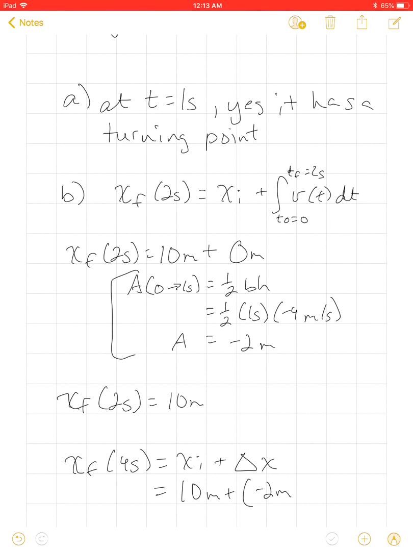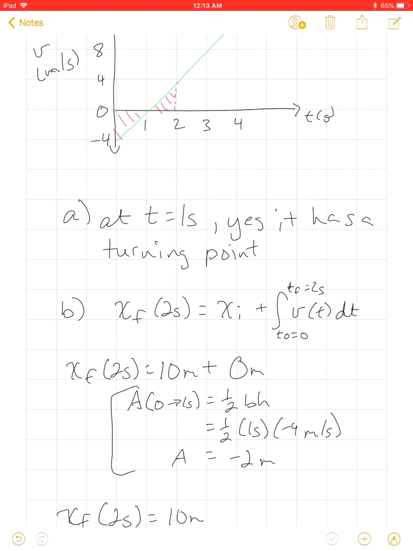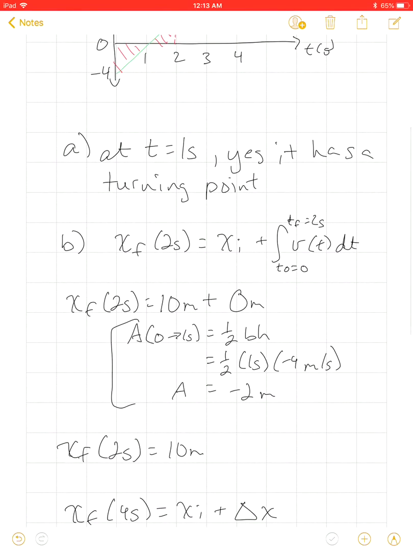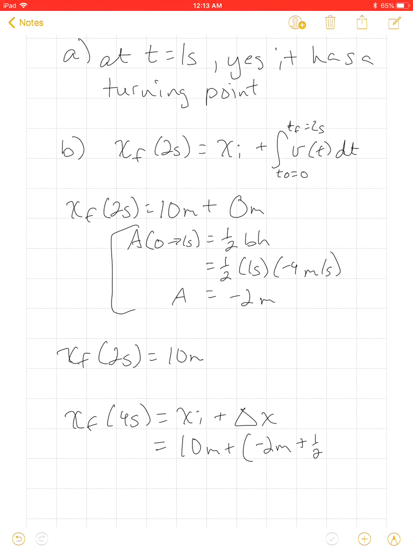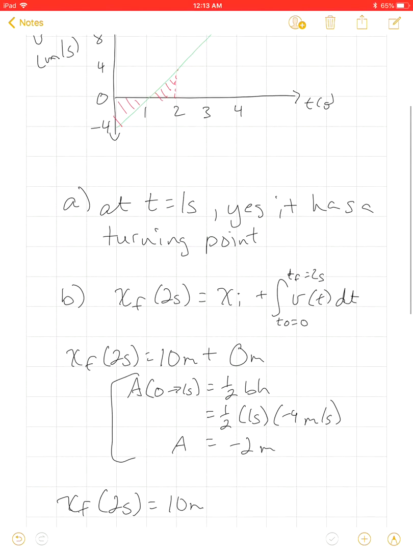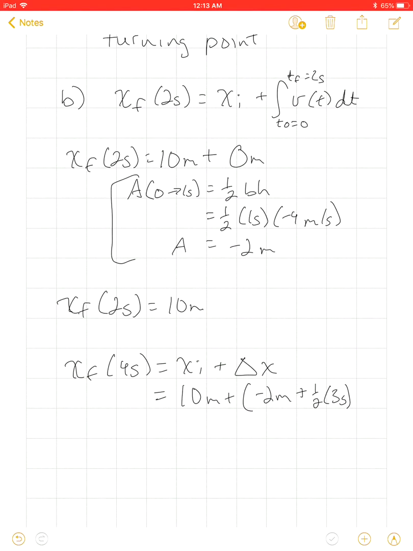And then the area of the other is going to be 1/2 the base. Well, the base goes from 4 to 1, so the base is going to be 3 seconds. And then it goes from a value of 0 up to 12, so that means the max height is 12 meters per second. Okay, so we still have the 10 meters here.